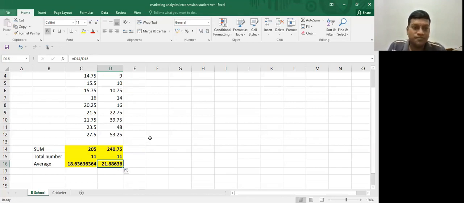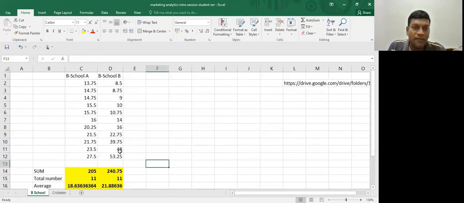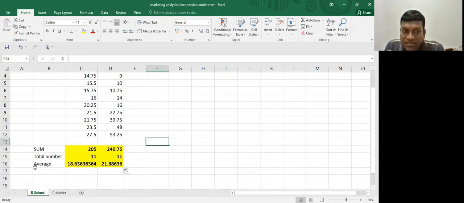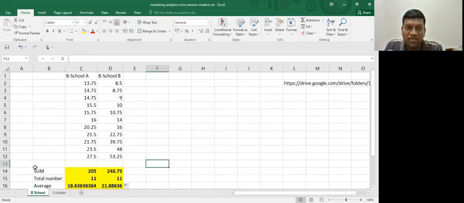Now let's look at the median. Median, of course, is arranging this in ascending order and picking out the value at the middle. This is the crudest way of doing it. Excel has a more advanced formula, and I'm getting the feeling that you guys are comfortable with this, so I'm moving to the next stage.